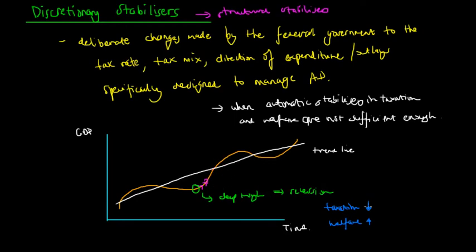However, the decrease in taxation, which automatically happened due to a decrease in income, and the increase in welfare, which automatically occurred when unemployment increased, was actually insufficient to move this economy out of recession here.